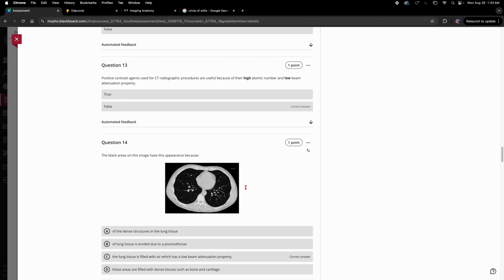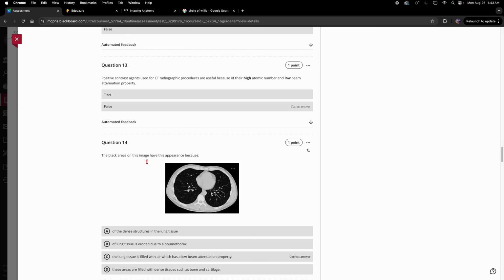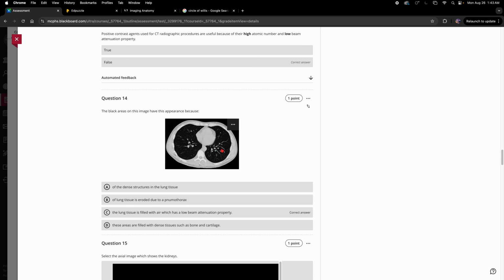Question 14. The black area on this image, let me see if I can make this larger.